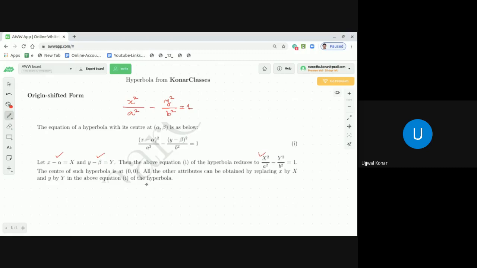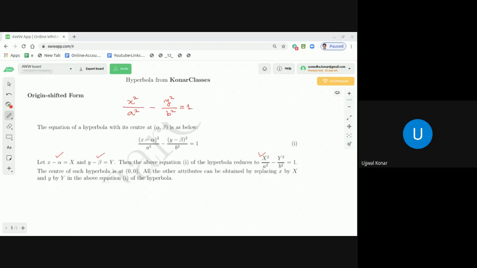All the other attributes are obtained. What are the other attributes? Attributes means the center, then the foci, plural of focus, because there are two foci. Then the directrix, transverse axis, conjugate axis, length of the transverse axis, length of the conjugate axis, length of the latus rectum, and eccentricity.